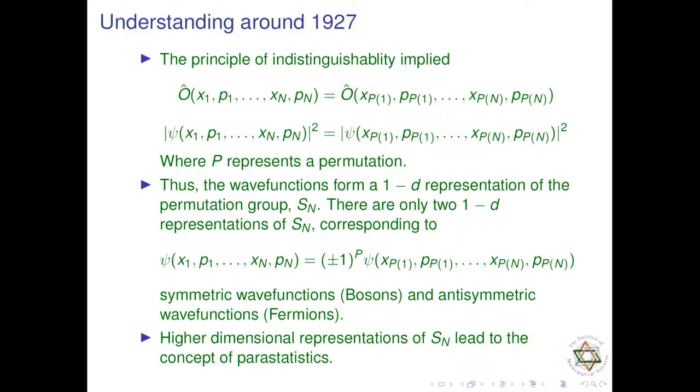So wave functions, one way of understanding it, form a representation of the permutation group, which has only two 1D representations, either fully symmetric or fully antisymmetric. And so those correspond to bosons and fermions. The permutation group also has higher dimensional representations. Those led to the concept of parastatistics, but those have not been physically realized so far, so I won't be discussing them later.